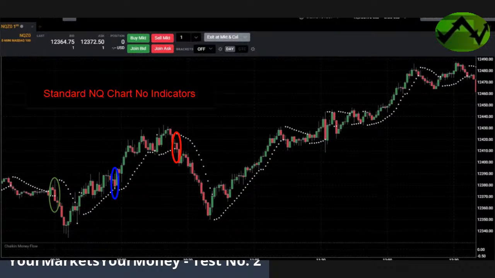So I like the layout of Tradeovate, and it's extremely easy to use once you put a little time into it. And I'm thinking of making a separate video on how to set this up. It's really not very hard.